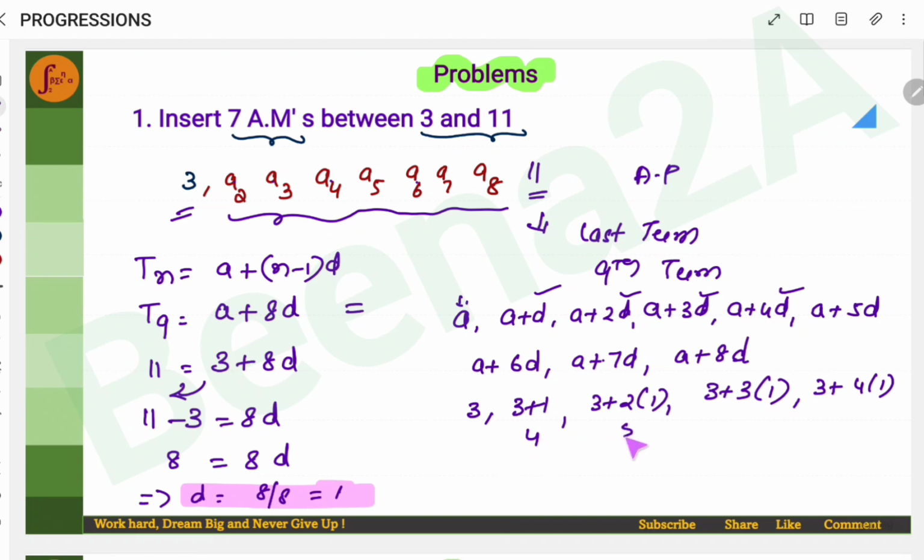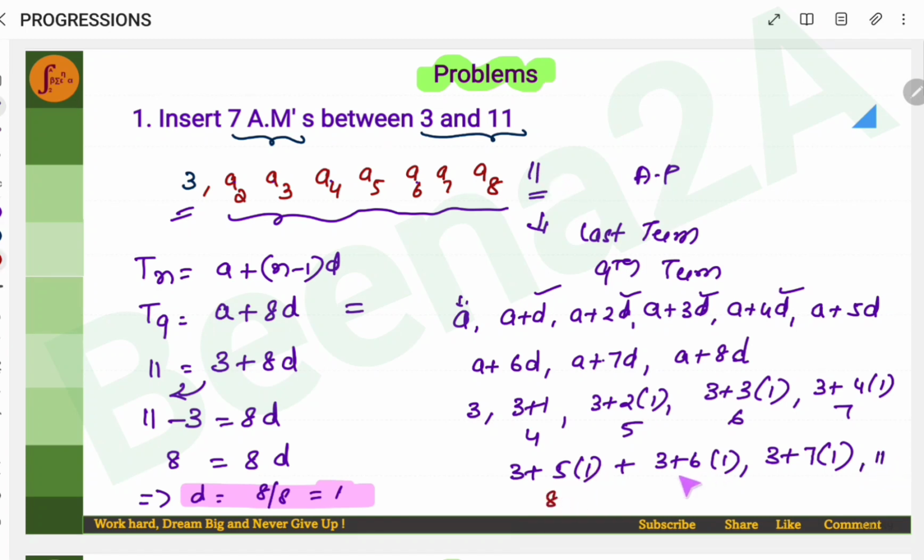So you get 3, 4, 5, 6, 7. Then 3 + 5d, so 5 times 1. Then 3 + 6d, 6 times 1. Then 3 + 7d, d is 1, 7 times 1. And then the last term we already have, which is 11.